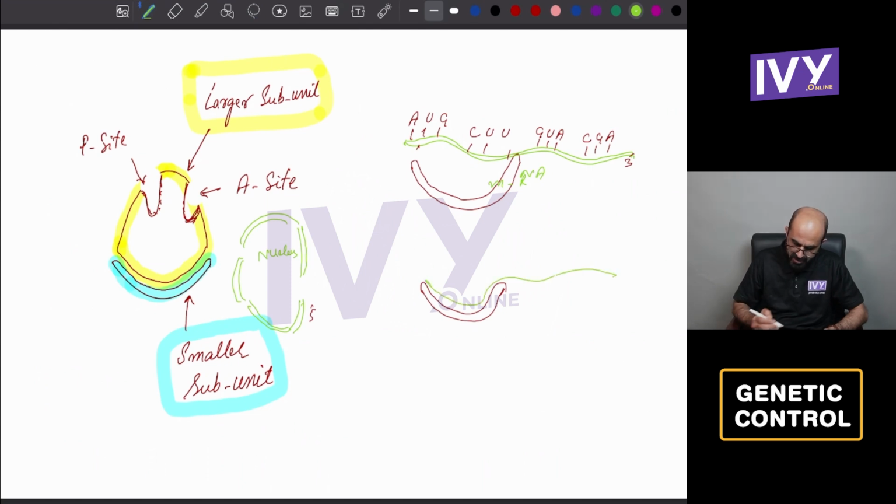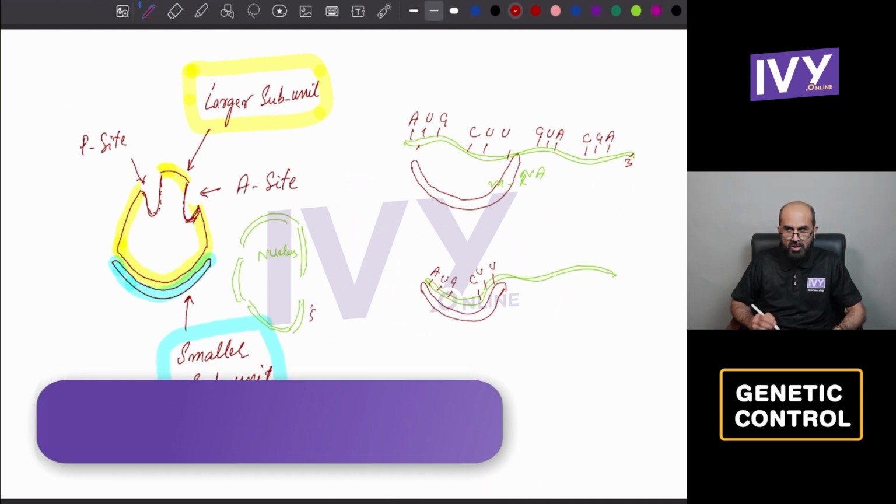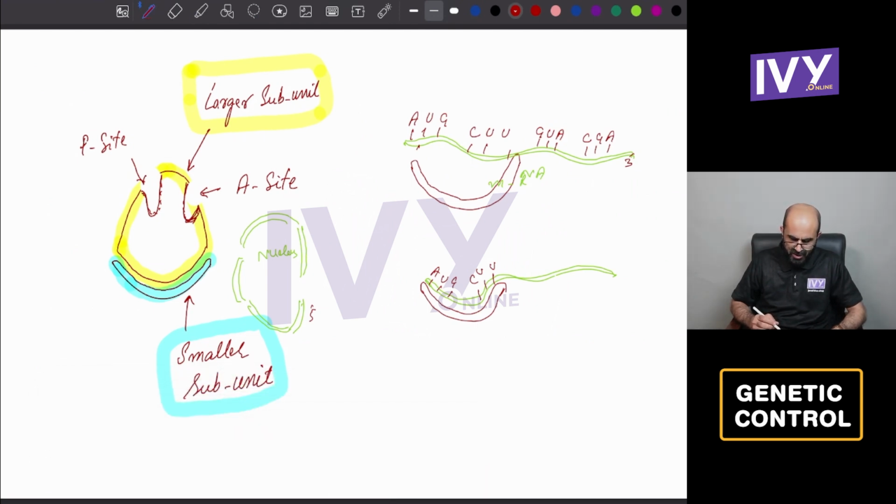This is the messenger RNA, shown with a double line to be more prominent. So here we have the sequence of nucleotides: AUG and then CUU. So we have six bases attached to the smaller subunit of the ribosome. I mean, three codons we can attach here.